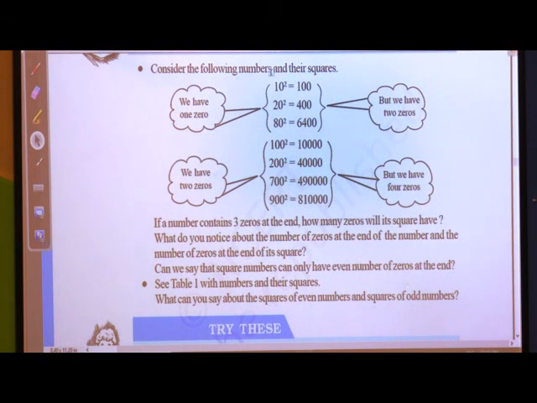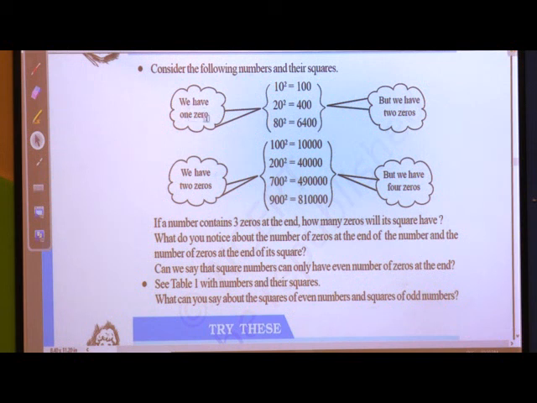Consider the following numbers and their squares. They are explaining the next part. Here they have said 10 square 100, 20 square 400, 80 square 6400.